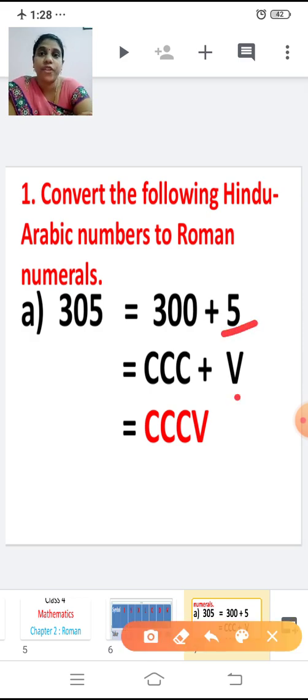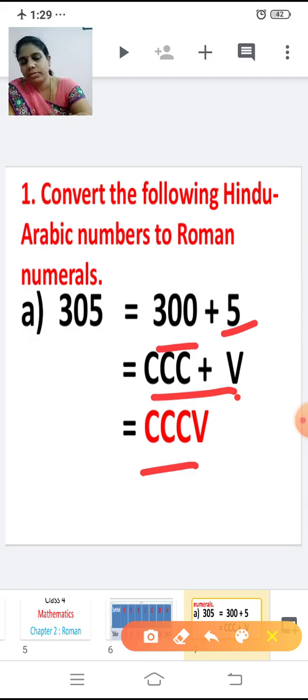V. Roman numeral for 100 is C. We have the number 300 here, so 3 C's plus what is the Roman numeral for 5? V. Write it down. Let's add. So the answer is C, C, C, V. So 305 in Roman numerals is C, C, C, V.